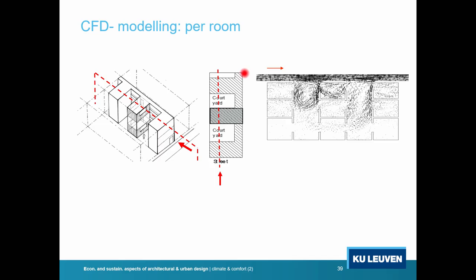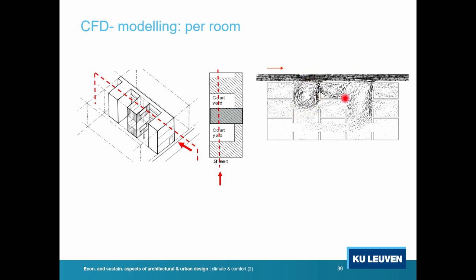So there are models where you put your building in, like energy simulations, but not looking at thermal comfort due to heat or temperature, but how the wind is blocked somewhere or bounces against some surfaces, what happens with the wind speed. And so you see here the wind, the darker the color, the higher the wind speed. The wind goes on top of the building and it enters here.